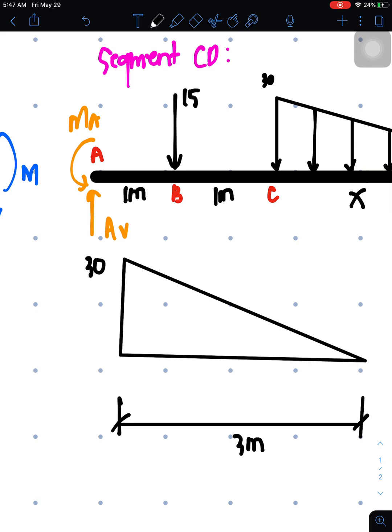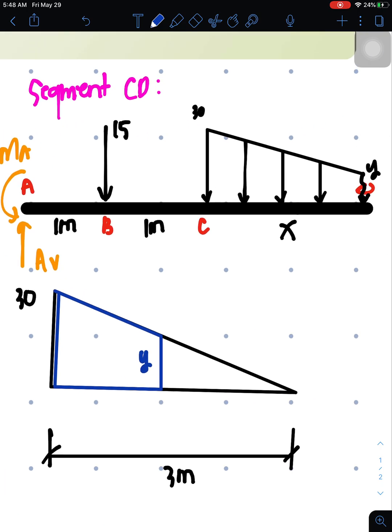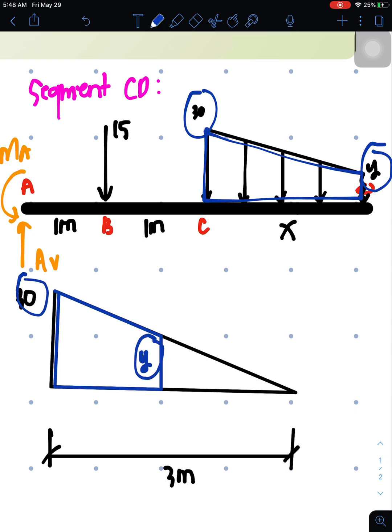Then for the trapezoid, this is the portion of the trapezoid. And then we call this as y, right? Here, this one, I'm basically drawing this. So this is the y, and this is the 30. So this is the y, and that is the 30. So I hope you followed.